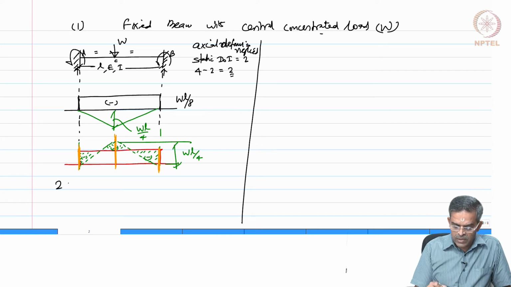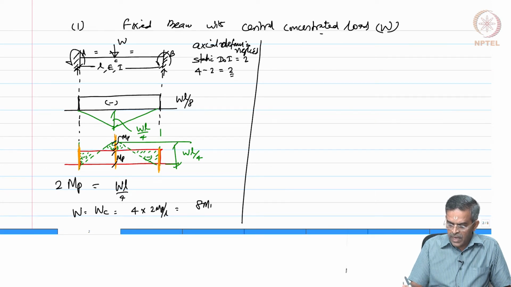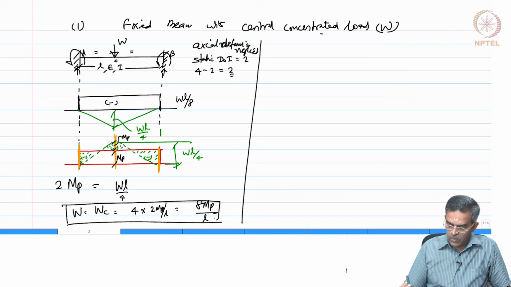So, the governing equation now is going to be 2 MP, because this is also MP, this is also MP, hinges are formed here. So, 2 MP should be equal to WL by 4, am I right? Therefore, WC, which I say W, will be 4 into 2 MP by L, which is 8 MP by L. So, that is my collapse load.